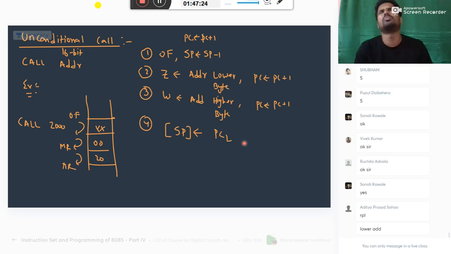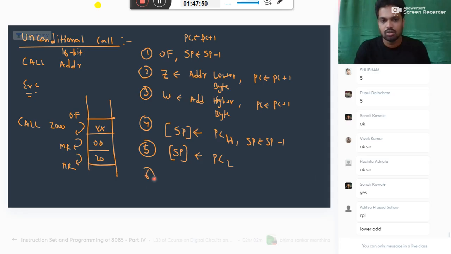One minute, it is like PUSH B. First B will be stored, then C. Okay, next. Then we decrement the stack. I told you, you should decrement whenever you write into the stack. Then again the contents of the stack pointer will be copied with your program counter lower order address.